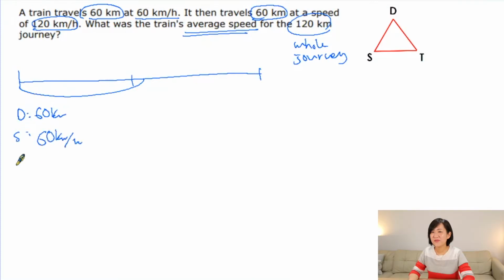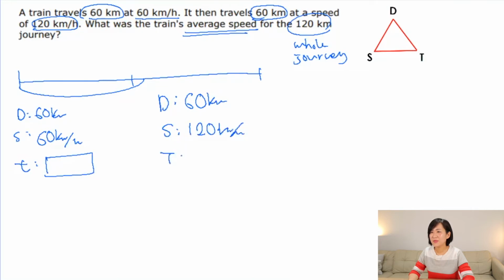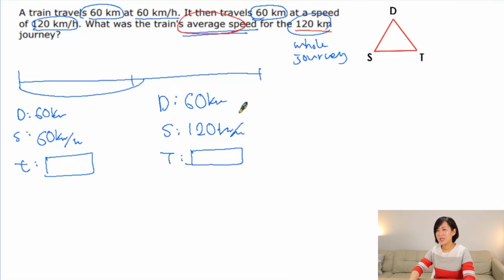And our missing value is the time. Then the other section, the distance is 60 kilometers, and our speed is 120 kilometers per hour. Then the time is missing. Let's see again. Our average speed for the entire journey is TD divided by TT, that is the total distance divided by the total time.